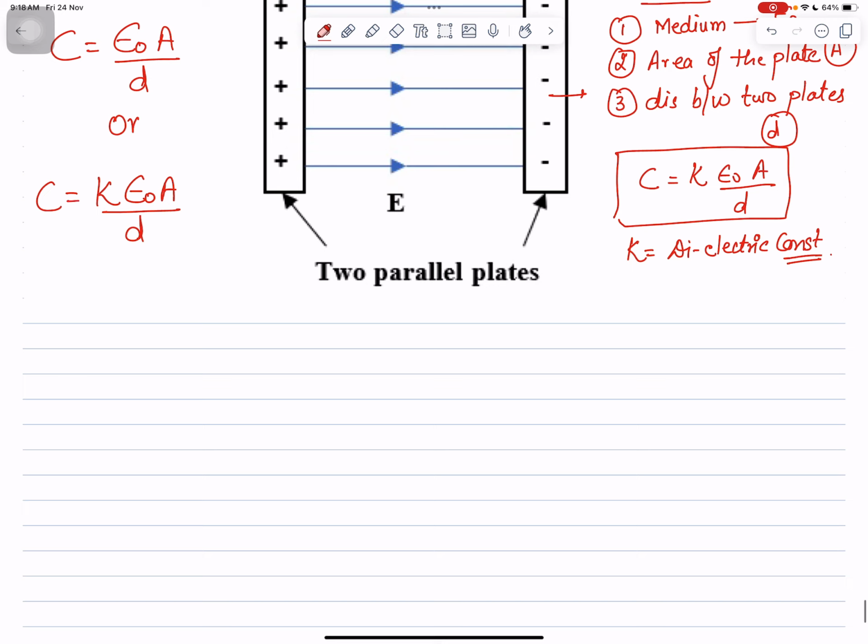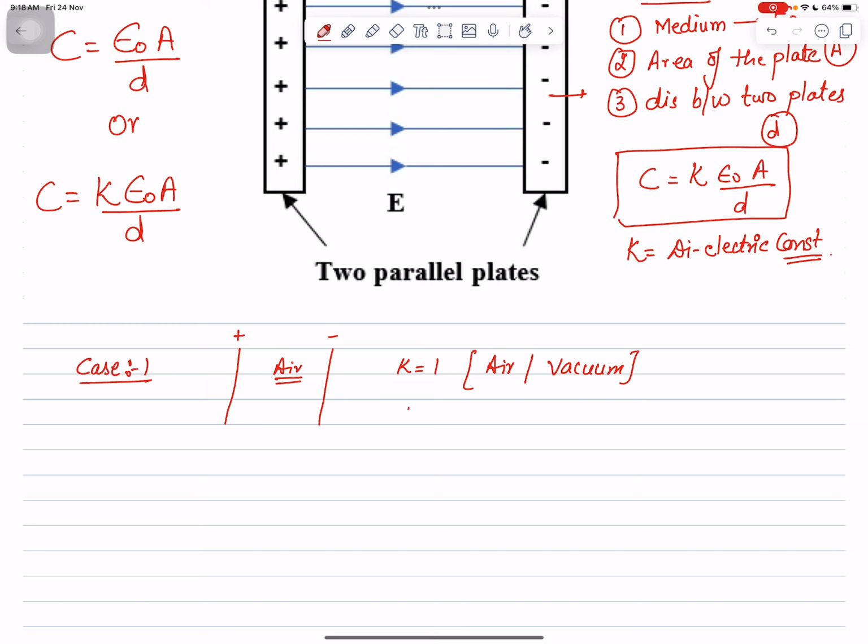Let's say in case 1, so that you can understand, we have a parallel plate capacitor. This is positive, this is negative, and you have air inside. What is the value of K for air? K is equal to 1 in case of air or vacuum. In both cases, K remains 1.